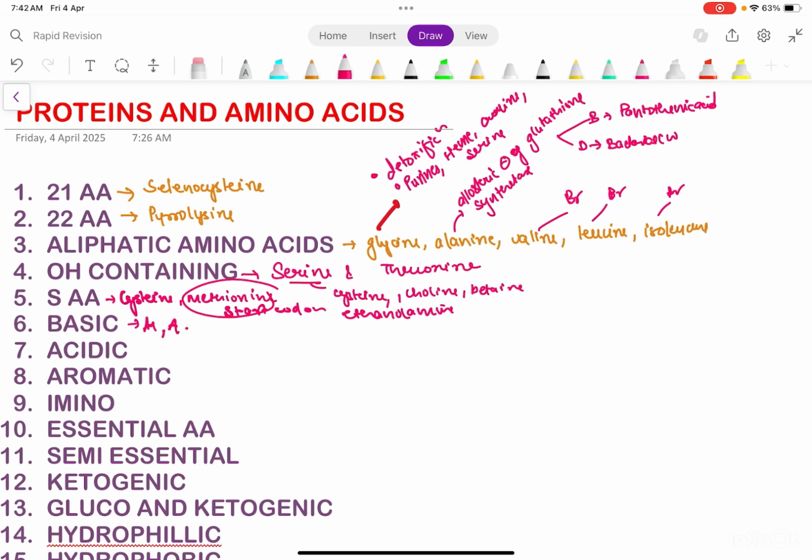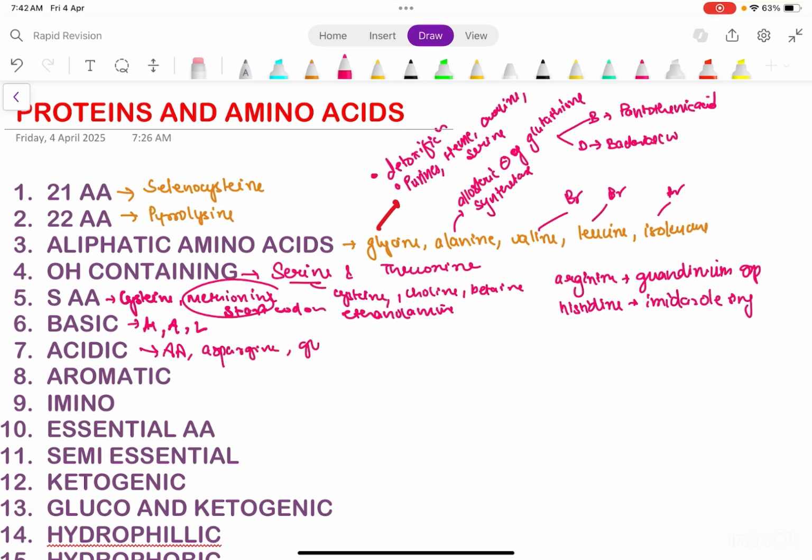Now coming on to basic we have histidine, arginine, and lysine. Arginine has a guanidine group, and histidine has an imidazole ring.